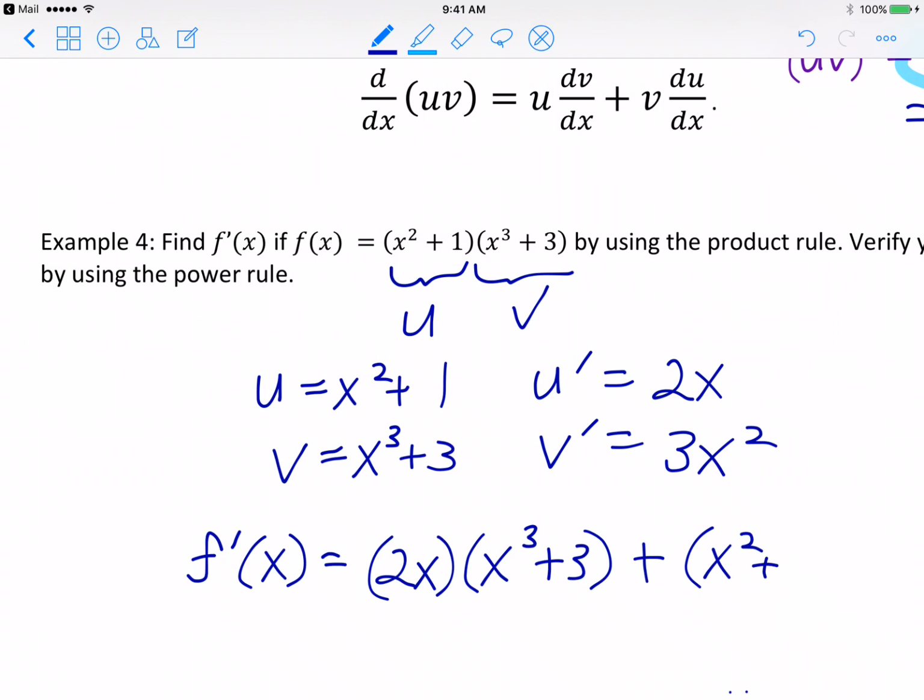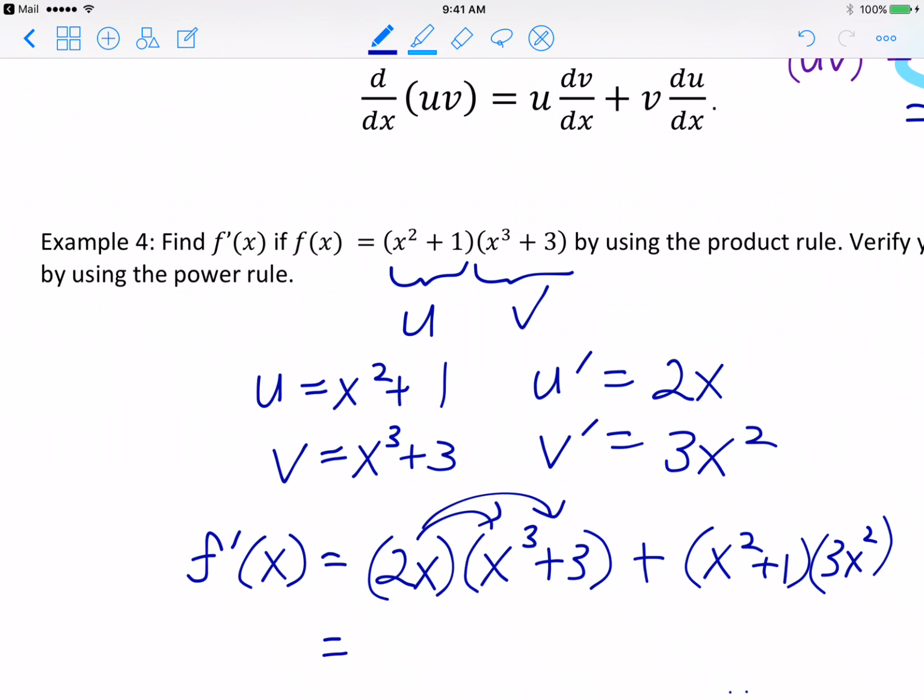So x squared plus 1 multiplied by 3x squared. Let me double check: u prime v plus u v prime. So we got that, and then it's a matter of simplifying this sum.